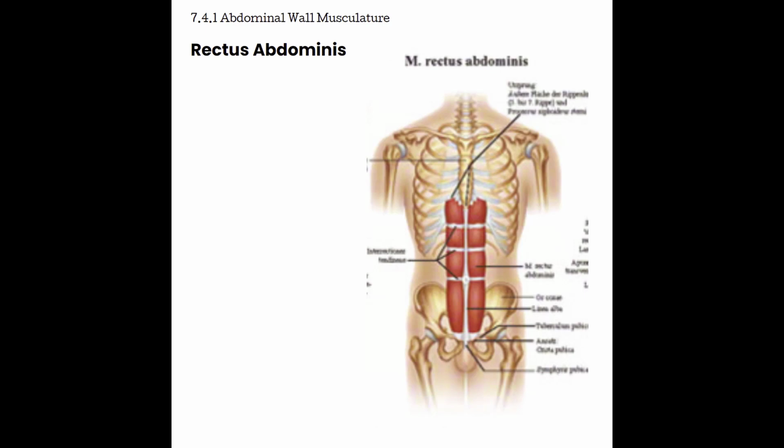Next in, we have the rectus abdominis muscle. These are going to be located on the anterior portion of the abdominal wall. They are a long paired muscle found on either side of the midline. It is going to be split in 2 by the linea alba. So that's this line through the middle here. This is the linea alba. And then the lateral borders of the muscle on either side here create a surface marking known as the linea semilunaris.